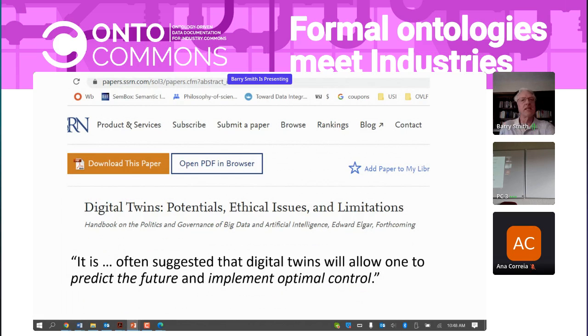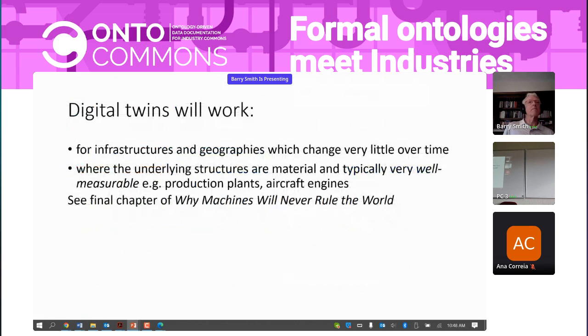He's particularly interested in those cases where digital twins will allow prediction of the future and implement optimal control of, for instance, people's behavior. And he agrees with me that in those cases, digital twins will likely fail for the reason that they're using AI, and the AI will likely fail for the reasons which I've explained.